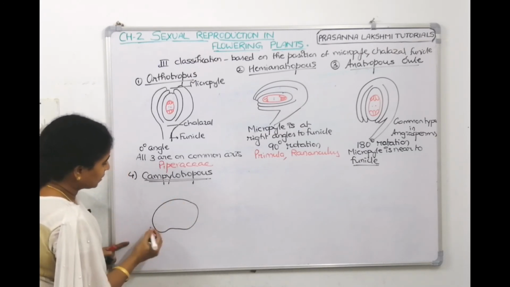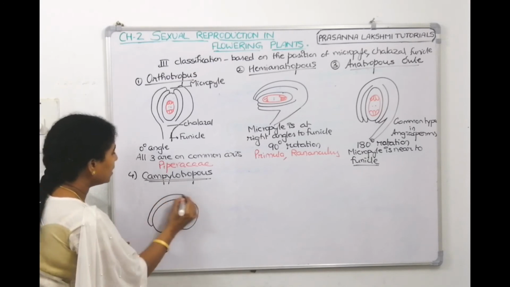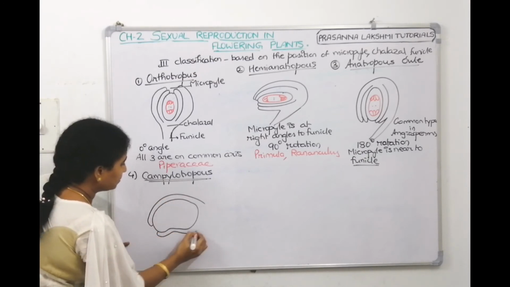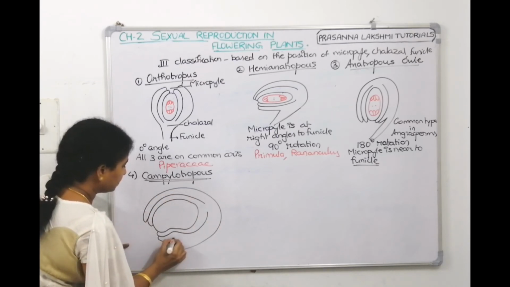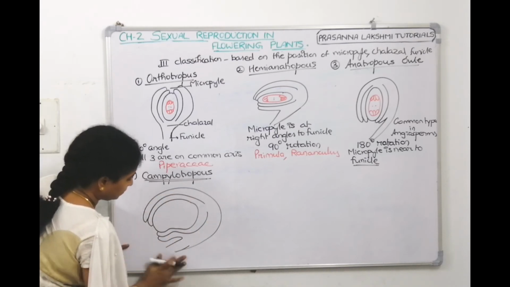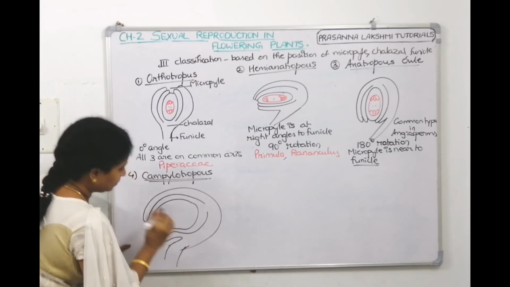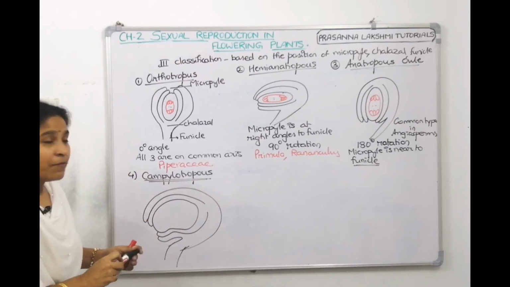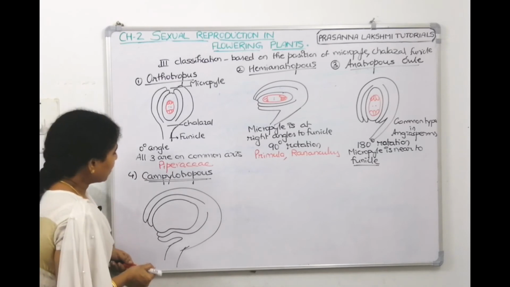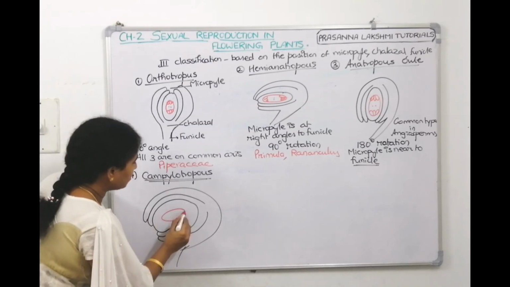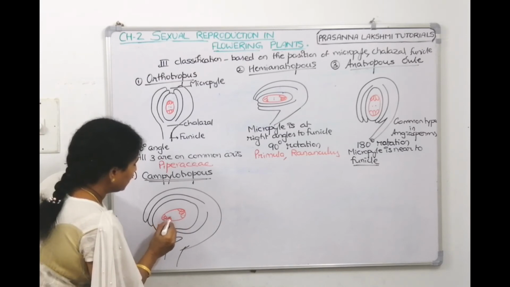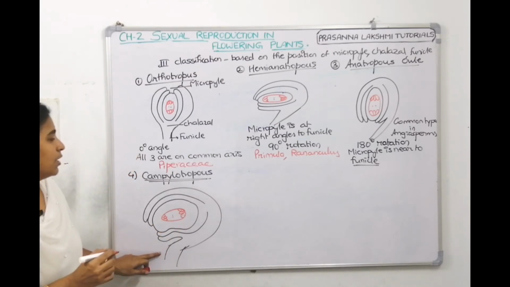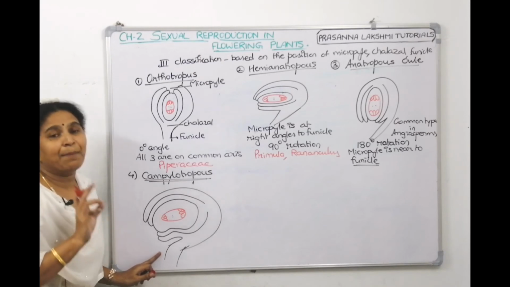I rotated the nucellus, so the body will rotate. The body is rotating, whereas the embryo sac will not rotate. The embryo sac will be normal only. You can see there's a curvature in the body. Then that is called Campylotropus.